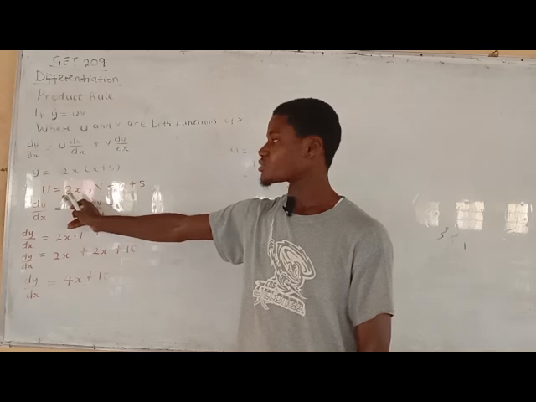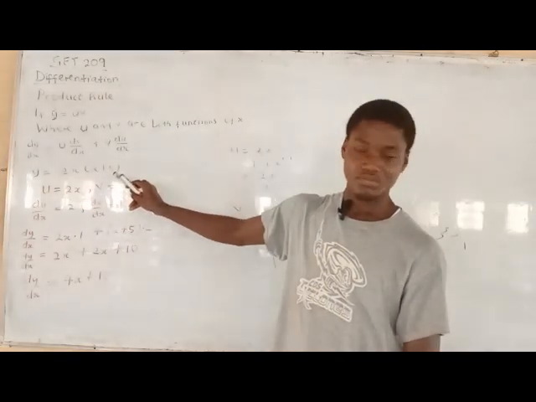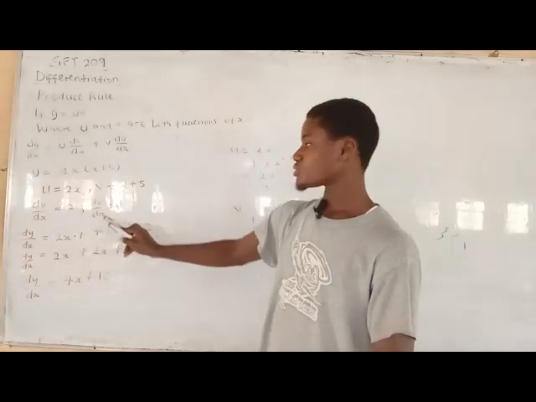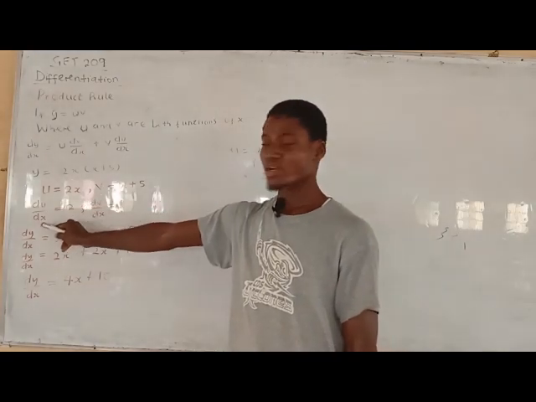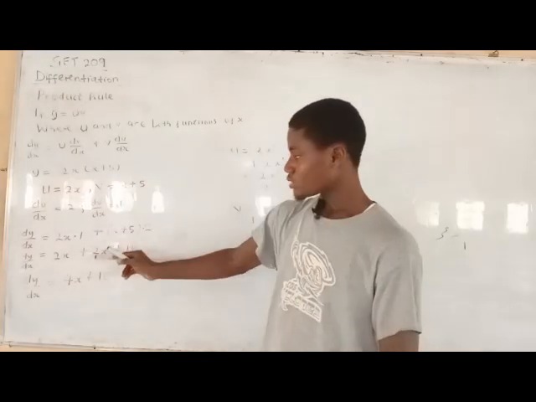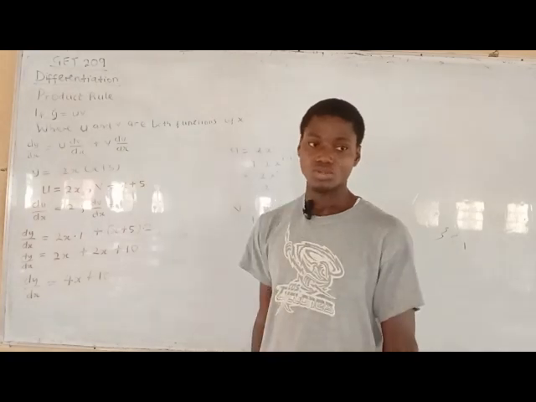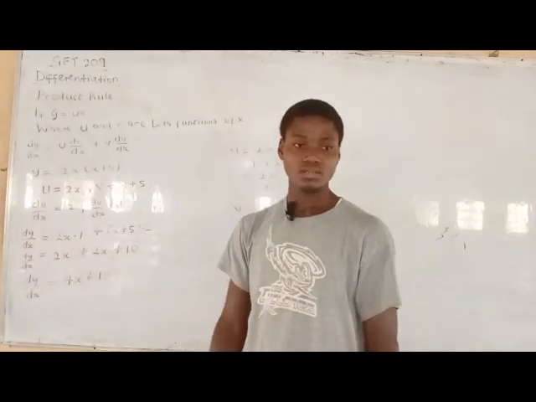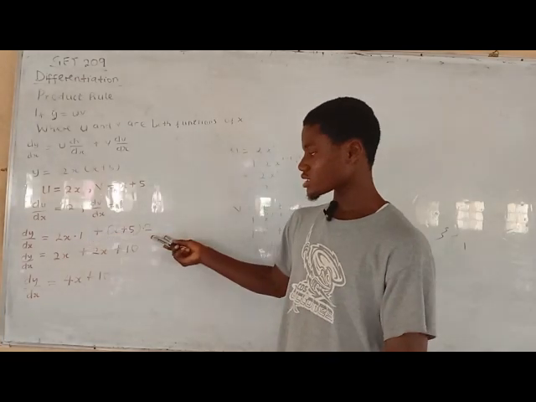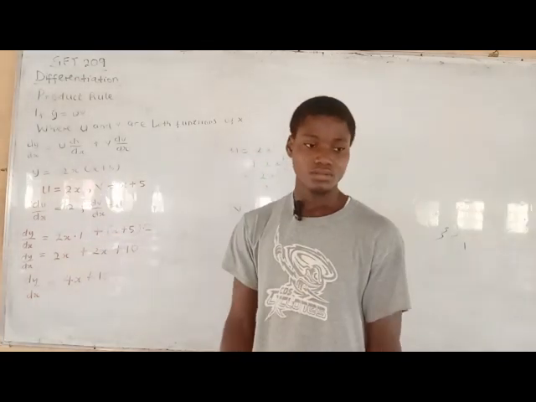We identified our u to be 2x, our v to be x plus 5. Then we did our du over dx to be 2 and dv over dx to be 1. We now carry those answers and put them inside here. Multiply them and simplify. That's the answer. We put the answers here, multiply them here, simplify. And that was all.